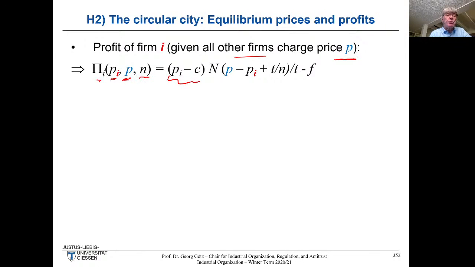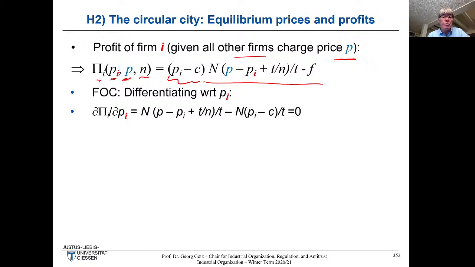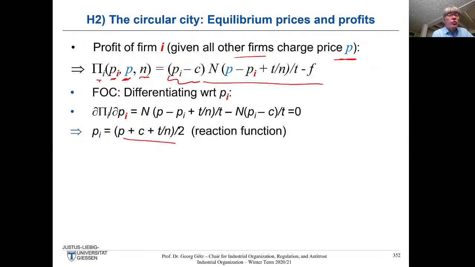Again, this is the profit per unit times demand. Taking a derivative with respect to P, we can calculate, of course, as always, the best response function, the reaction function, which looks almost identical to what we had up there.